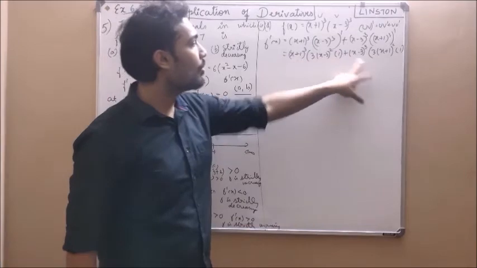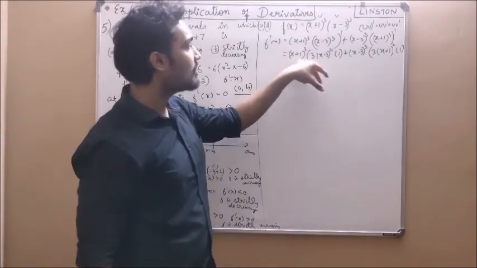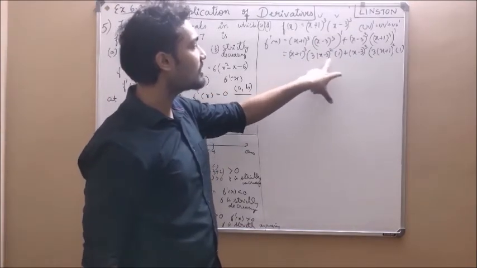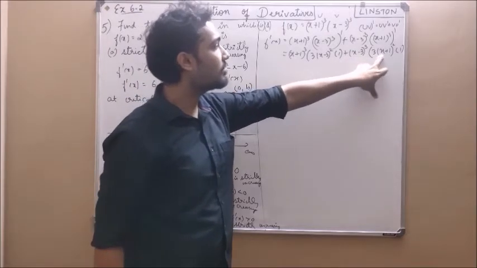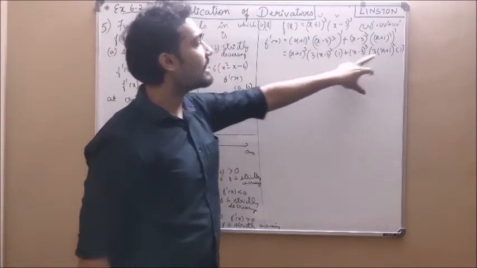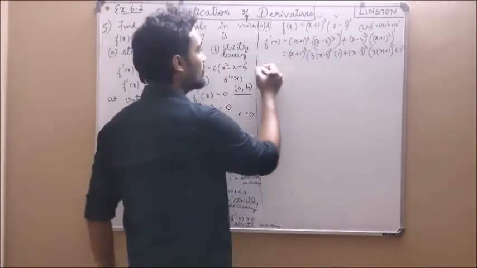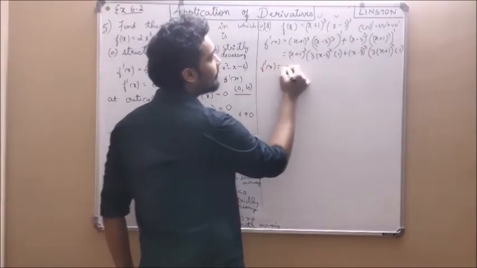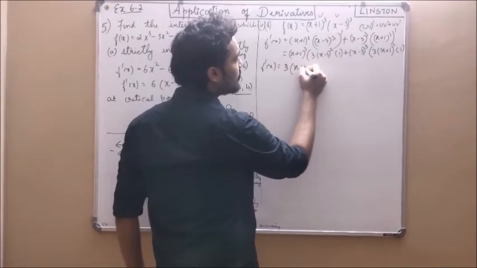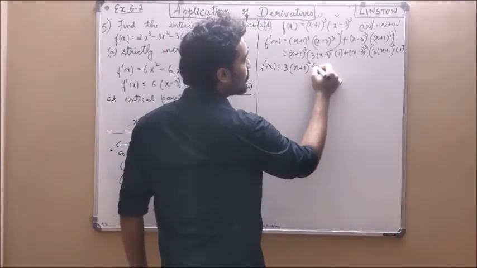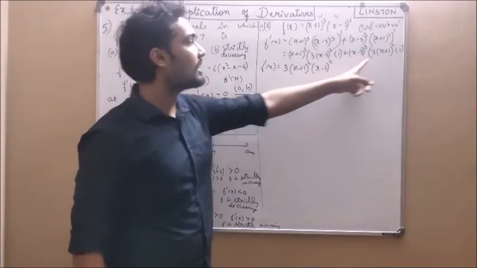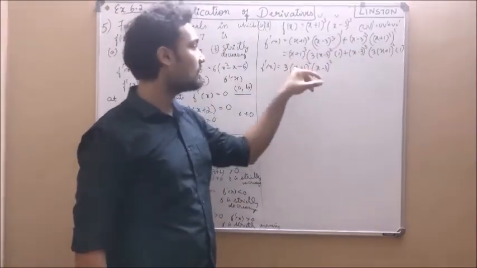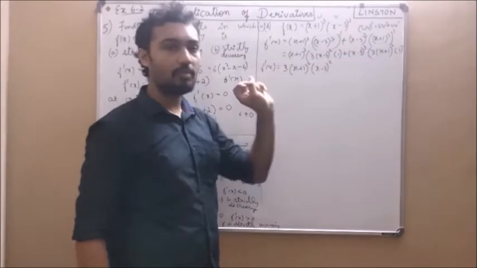Now in these two terms, (x plus 1) cubed and (x minus 3) squared are there in one, and (x minus 3) cubed and (x plus 1) squared are there in the other. So 3 and 3 are common. What can we take common? F dash of x, we can take 3 into (x plus 1) squared into (x minus 3) squared common, because x minus 3 and x plus 1 are common on both sides.